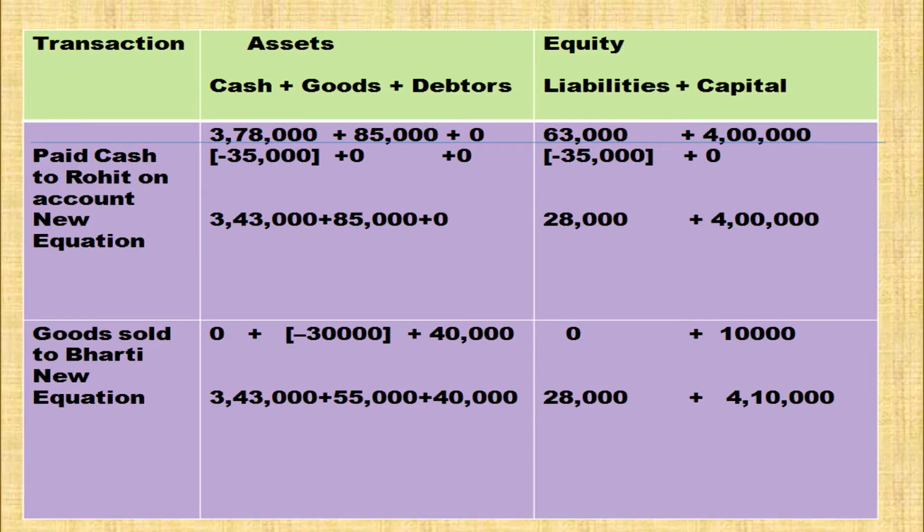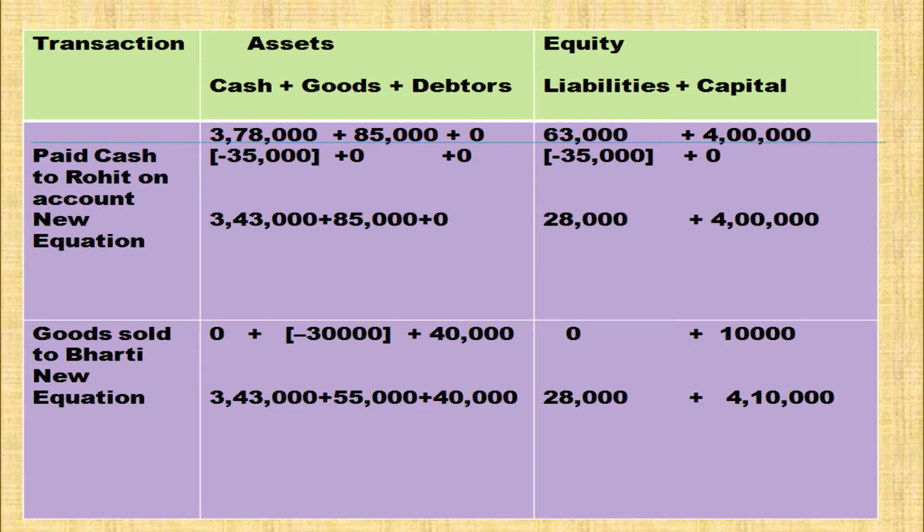Liability is decreasing, so deducting from the liabilities minus 35,000. The new accounting equation is cash 3,43,000 plus goods 85,000 equals liability 28,000 and capital 4 lakh, that is 4,28,000 on both sides. The accounting equation is satisfied.